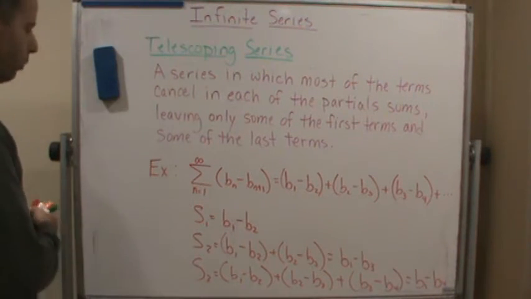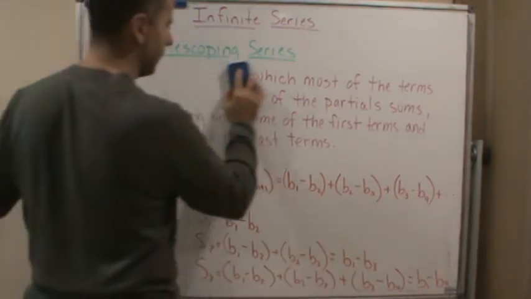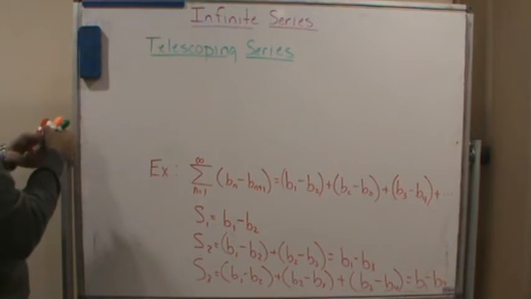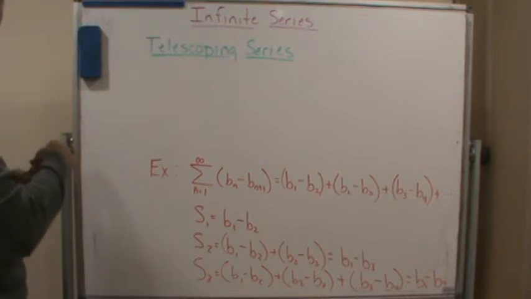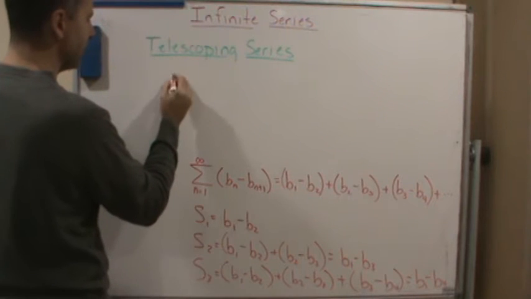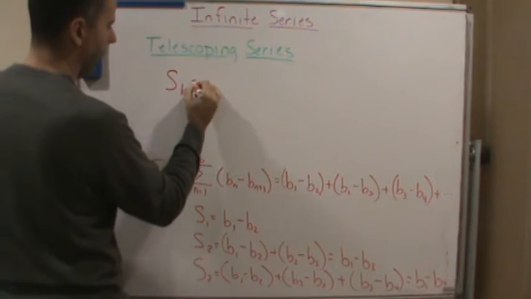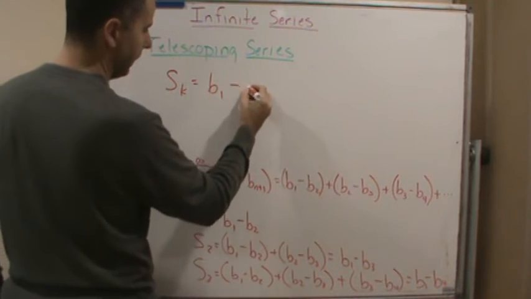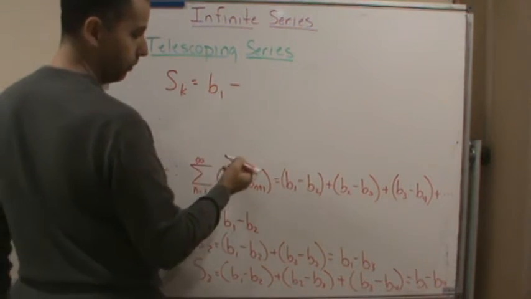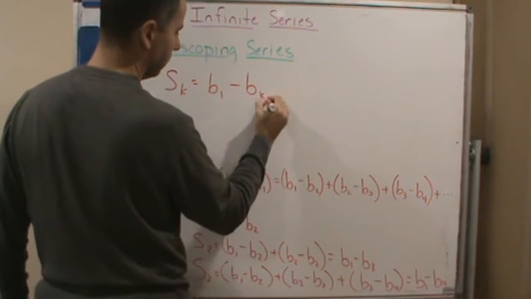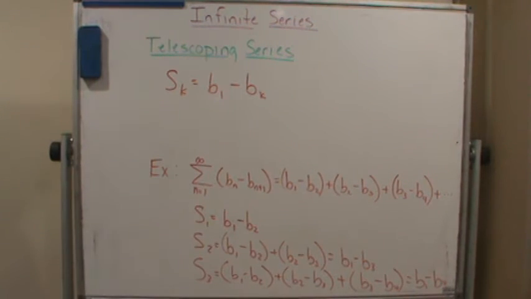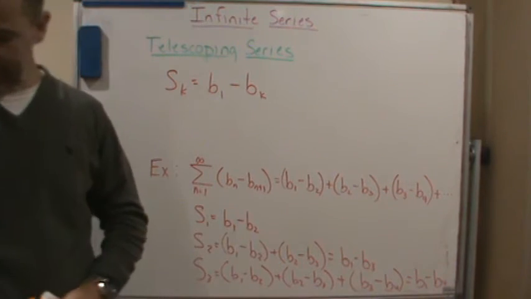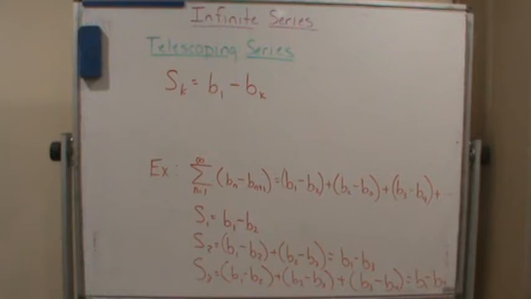So in general, the kth partial sum has this form: S sub k equals b sub 1 minus the last term, which in this case is b sub k.